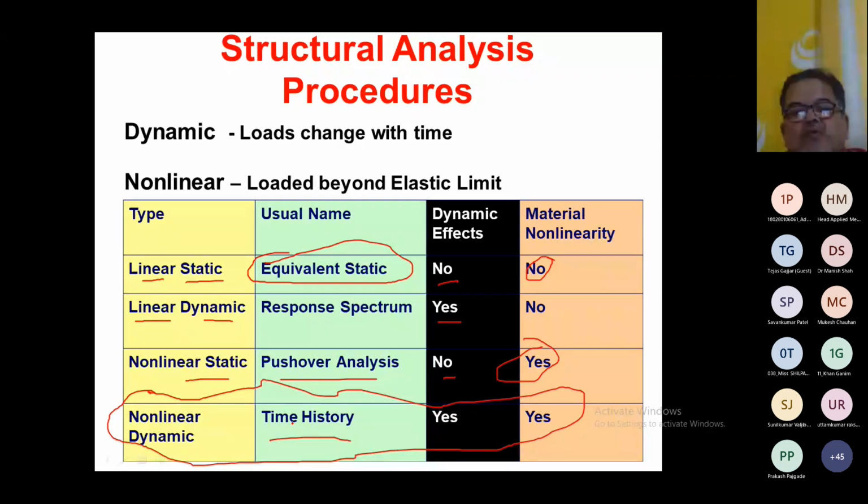So therefore we go for certain simpler methods, which are very fast and very easy to digest by most people, right? So the linear static, like equivalent static analysis, is a very fast and very easy method, right?